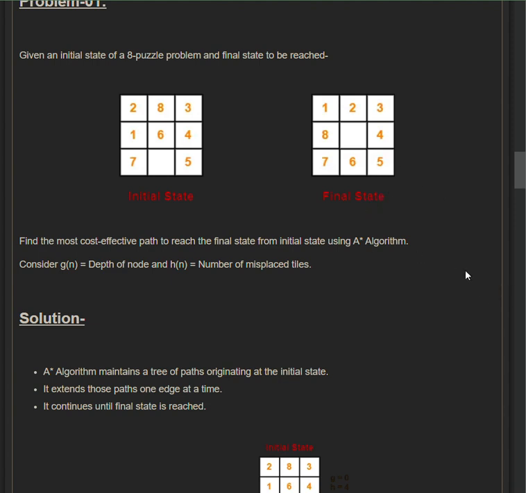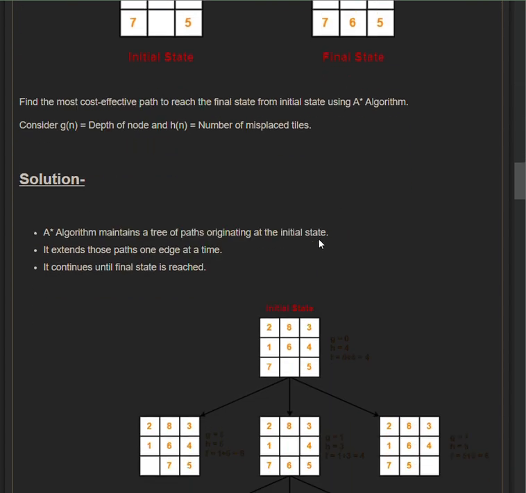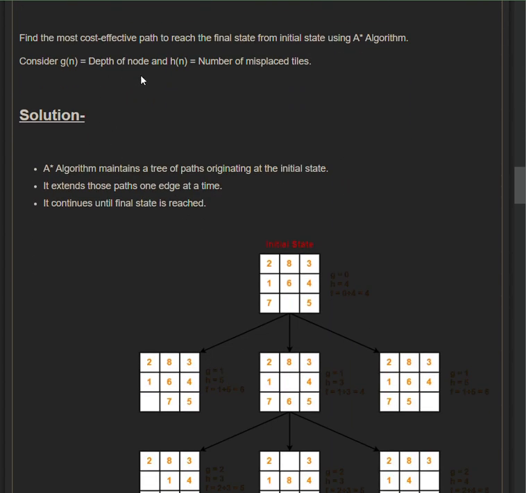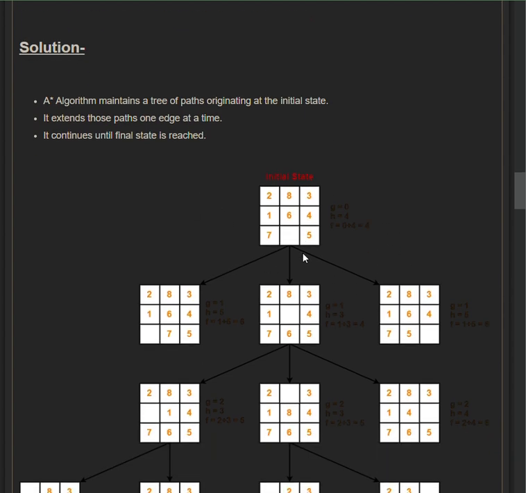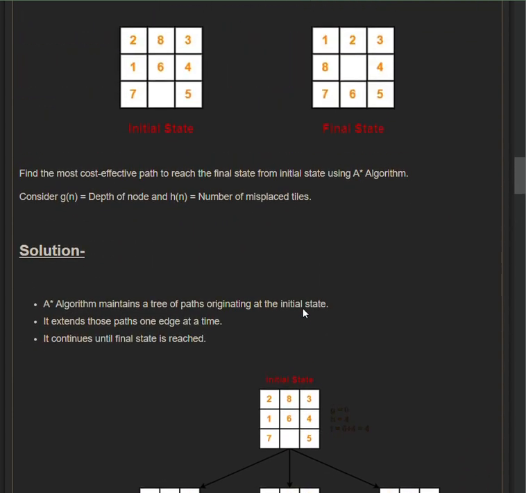For each configuration, we calculate f of n and decide which path to explore next, aiming to minimize the cost. As we proceed, we'll reach the goal state or continue expanding nodes until all the possibilities are explored. Alright, let's visualize this solution that the website has given us, which I'll move on to next.